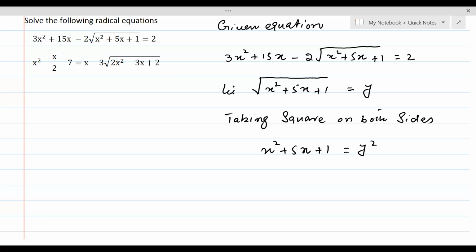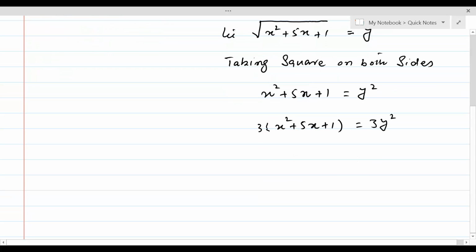So if we multiply this equation with 3, then we can get that 3x squared plus 15x. So multiplying both sides by 3, 3 times x squared plus 5x plus 1 equal to 3y squared. So this will give us 3x squared plus 15x plus 3 equal to 3y squared.